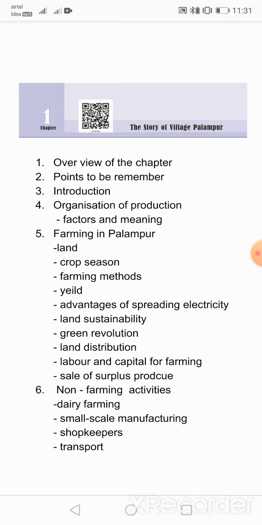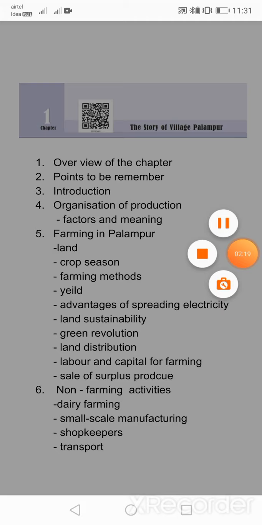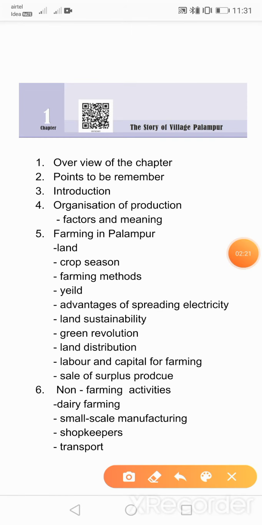In this village, farming is the main activity, whereas several other activities such as small scale manufacturing, dairy, transport, etc., are carried out on a limited scale.